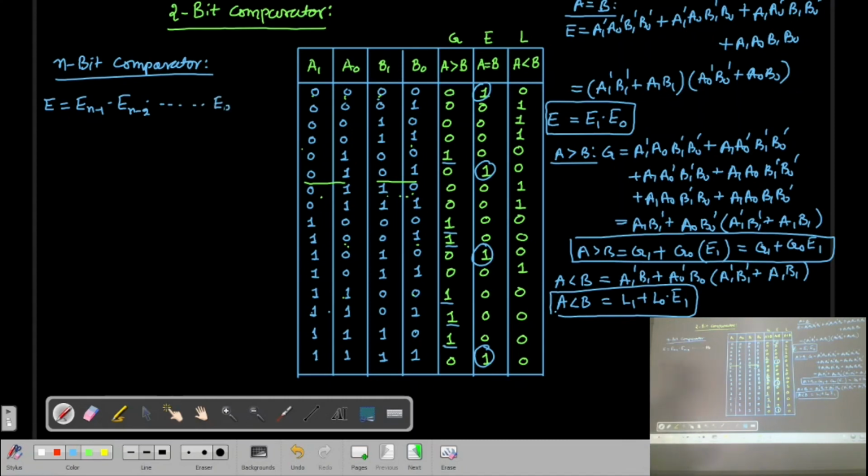You have to take the product of all the equalities. So this is for A equal to B.